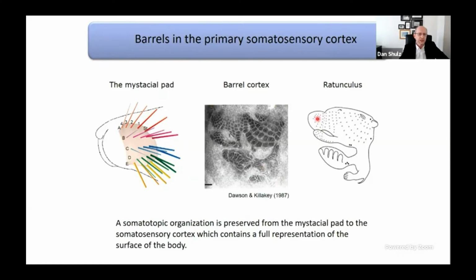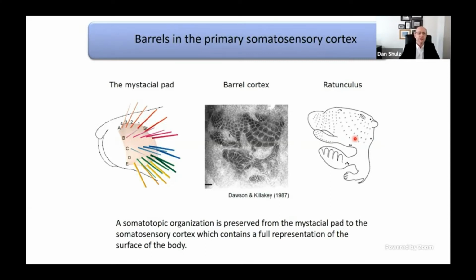Here I delineated the contours of this map, which I call the rat's barrel field. As you can see, the representation of the whiskers is very, very enlarged. There is a magnification index here that is very important. It gives you the idea of how important this system is for the survival of the animal.